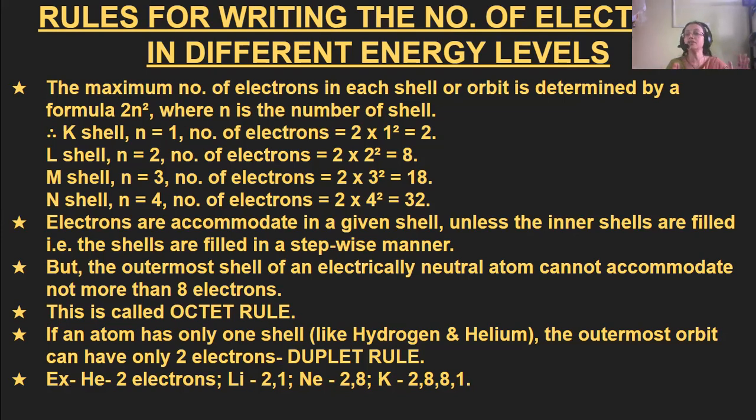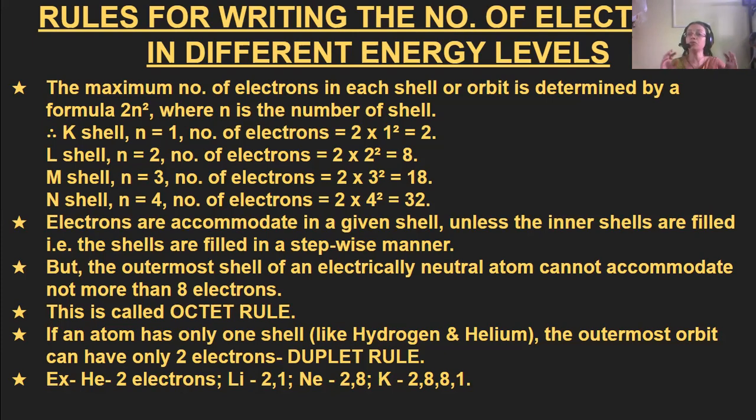Now, electrons can be accommodated in a given shell only when the inner shells are filled. That is, it goes in a stepwise manner: one shell is filled up, then it goes to the next shell. But the outermost shell of an electrically neutral atom cannot accommodate more than 8 electrons.